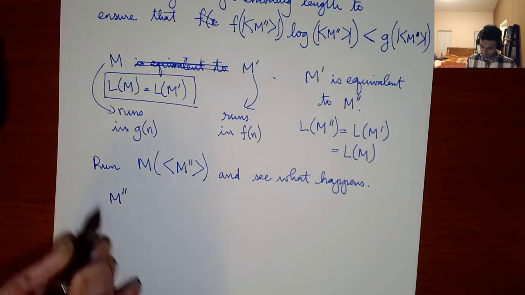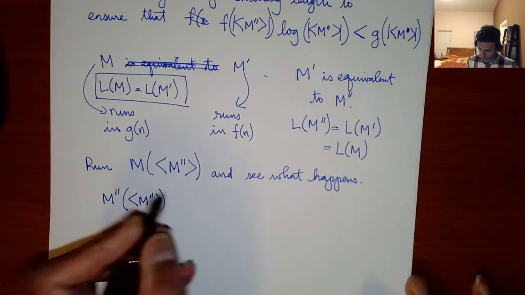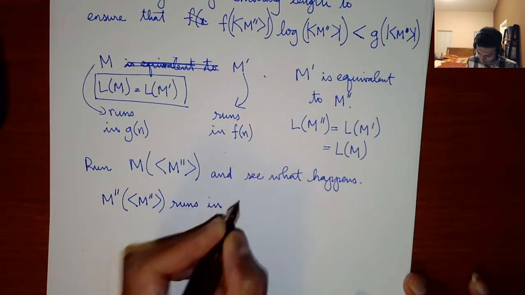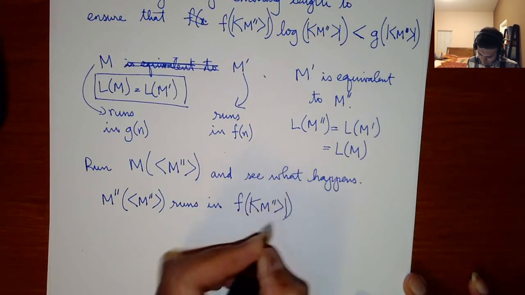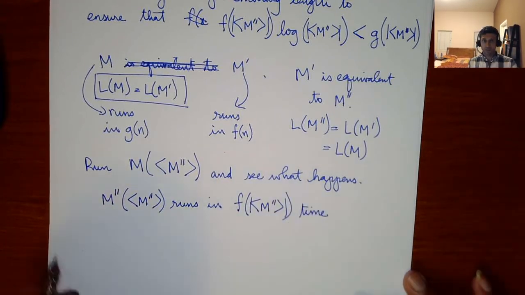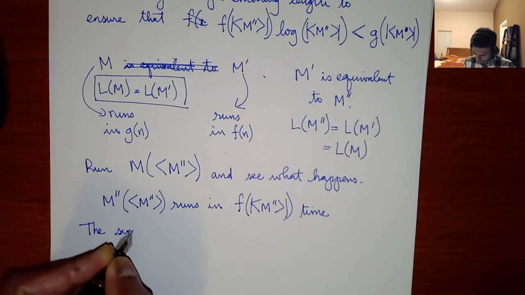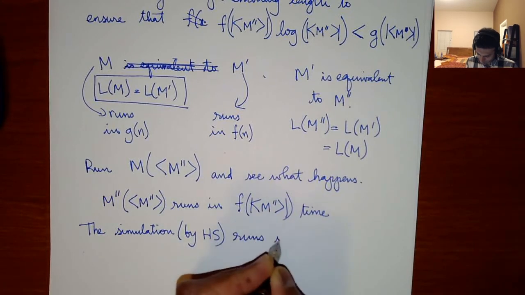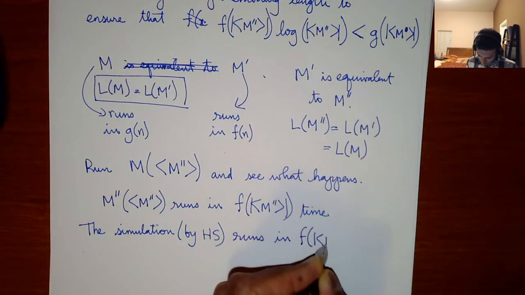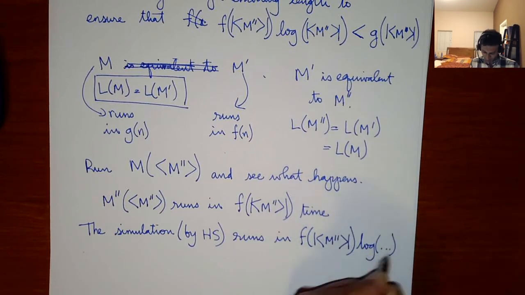M prime on itself runs in f of M prime time. The simulation by Hennie and Stearns runs in f of M prime log of that.